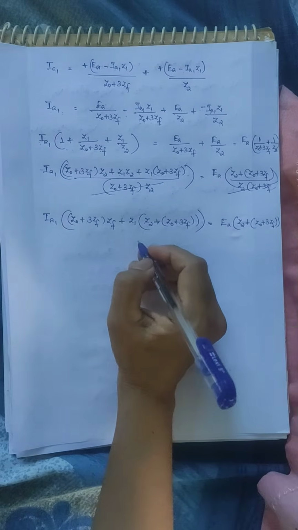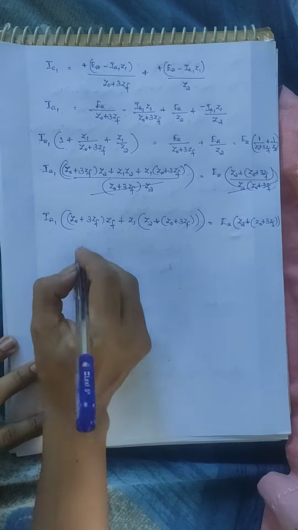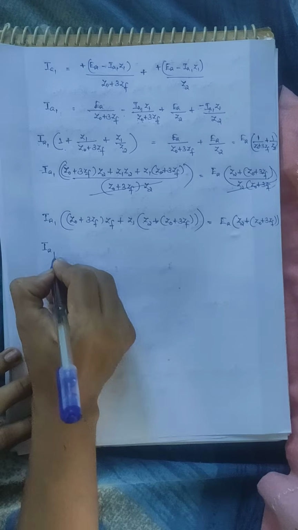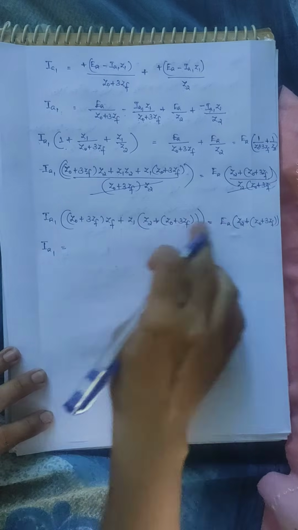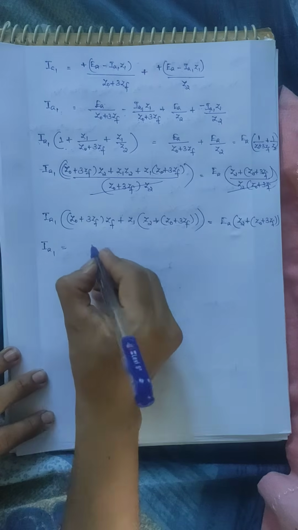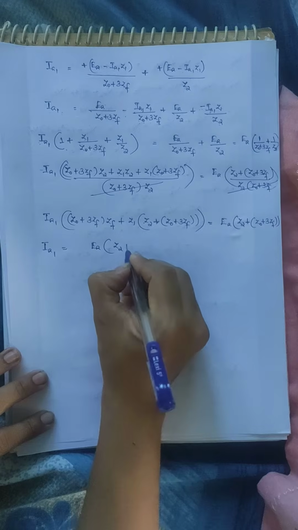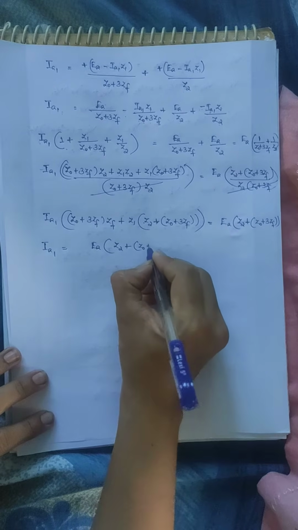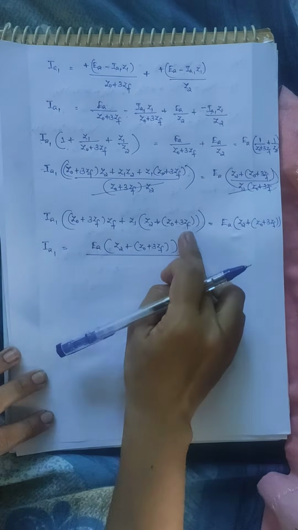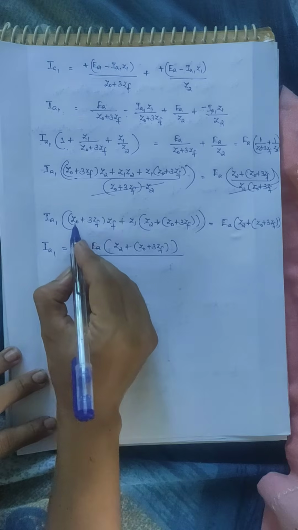Okay, now we actually need an expression for IA1. So keep IA1 on the left hand side itself. So we got IA1 is equal to this term divided by this term. Okay, so we can write IA1 is equal to EA into Z2 plus Z0 plus 3ZF divided by this term. Okay, so from this term, take this term common outside.